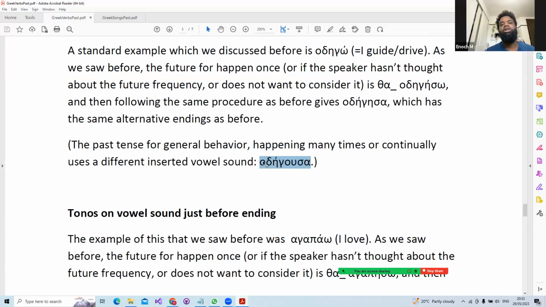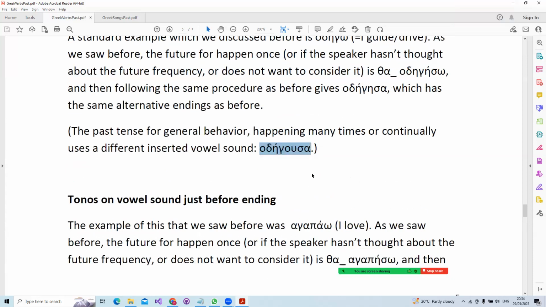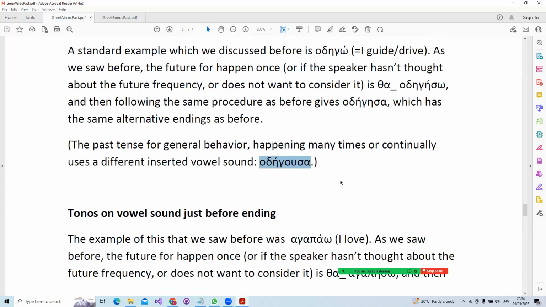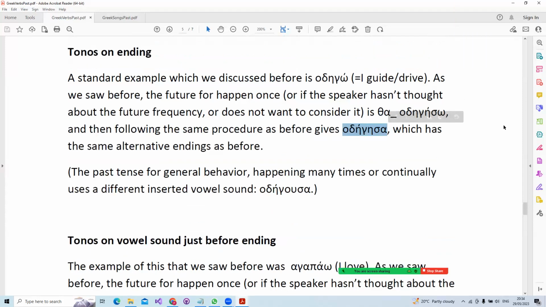Οδήγουσα. It's a harder G than an English G. You sort of open up your throat a bit. Οδήγουσα. Yeah, I have a question. Go for it. Not the one you highlighted blue, but the one above. Oh, this computer's touch screen, I forgot. Okay.